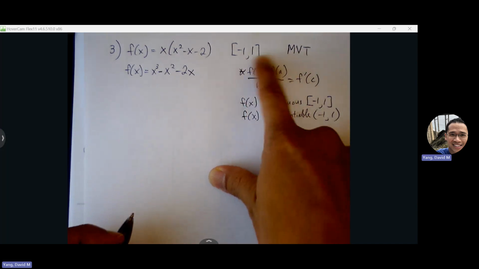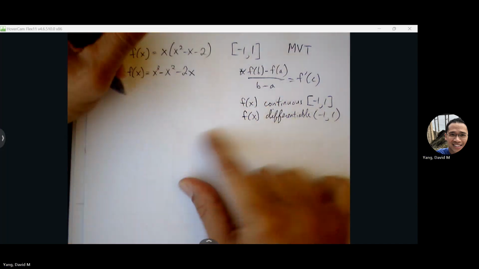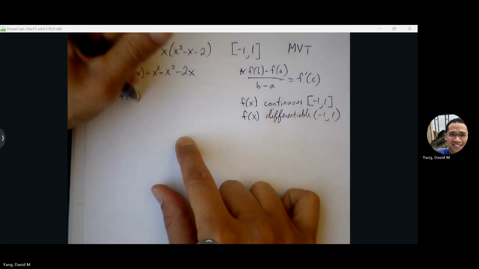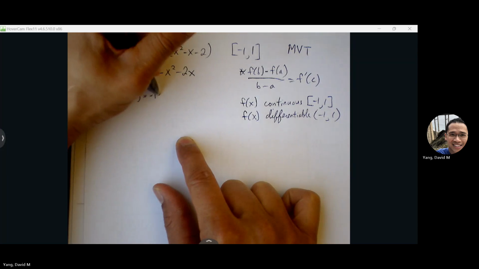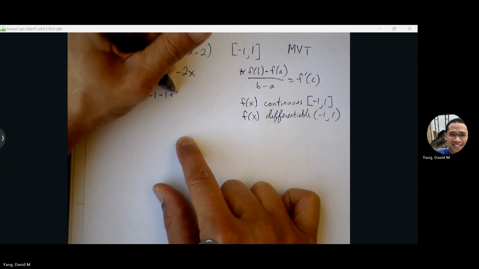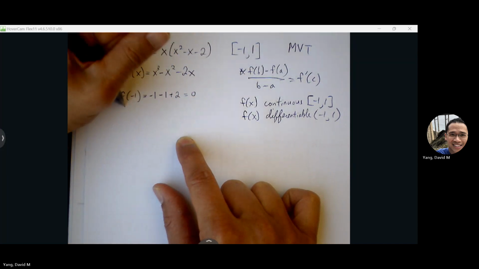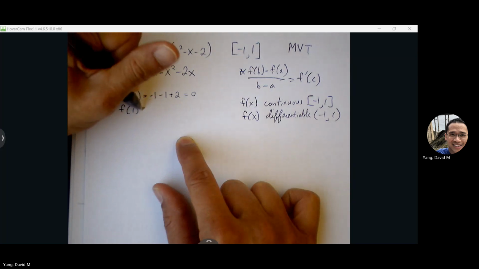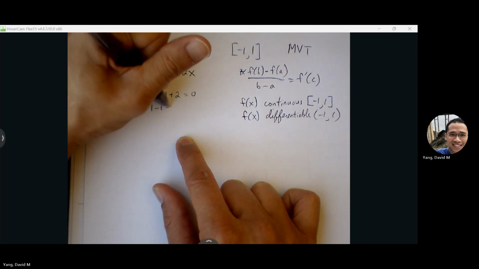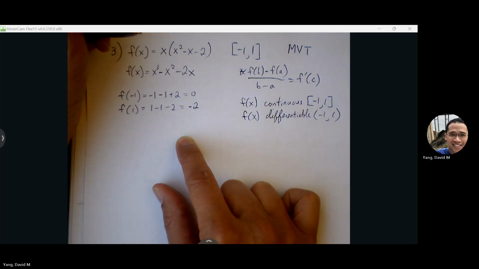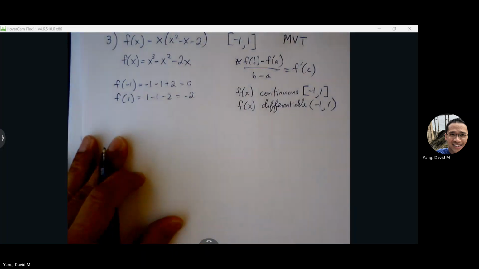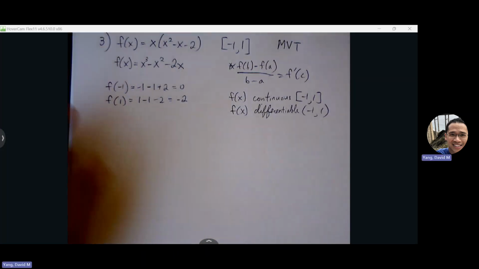Okay. Ordered pairs, endpoints first. Find your slope between your endpoints.